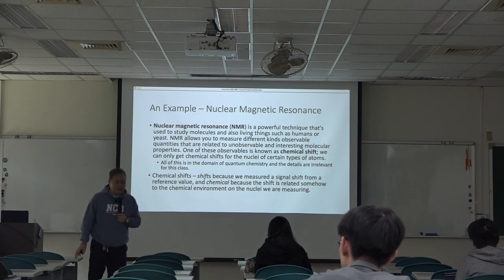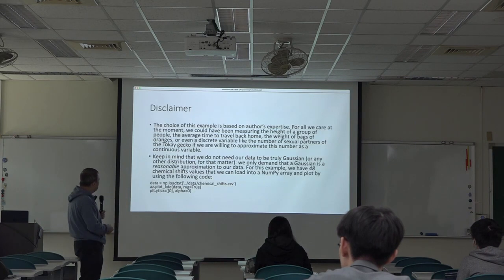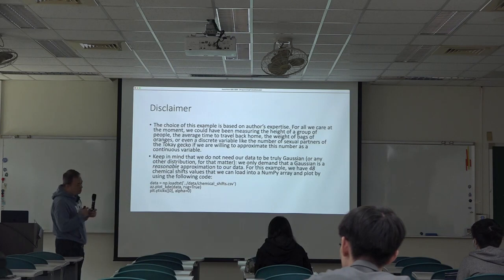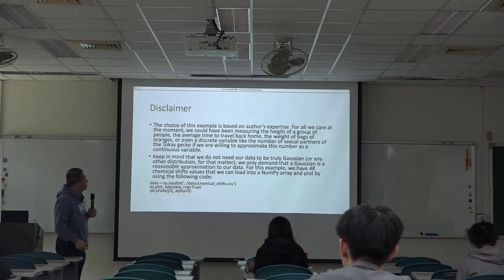I don't understand this topic myself either. So you just treat it as a data set that we collected from somewhere. The choice of this example is based on the author's expertise, he's into quantum chemistry.